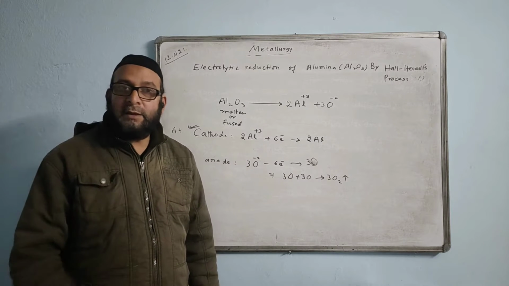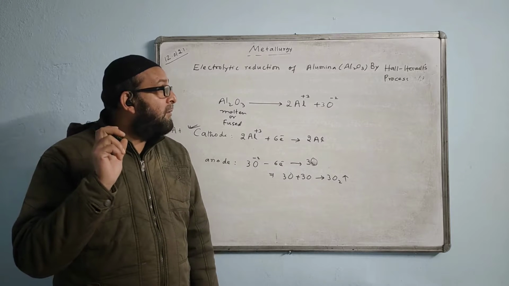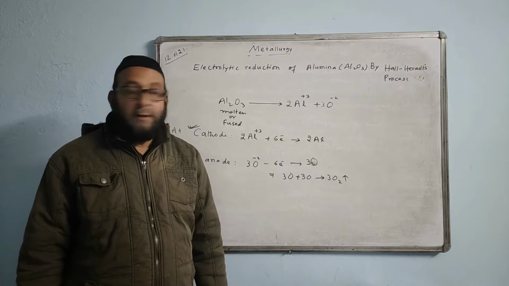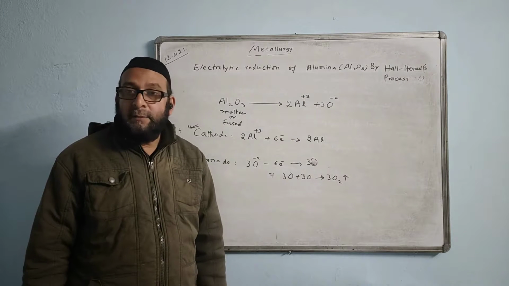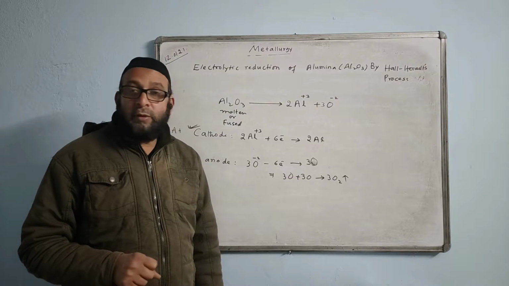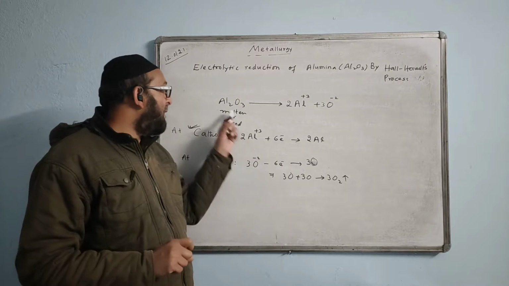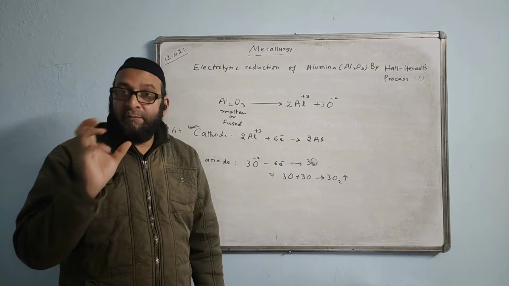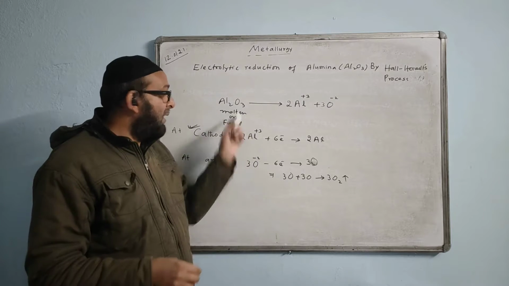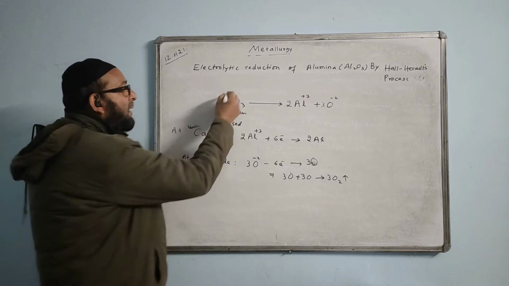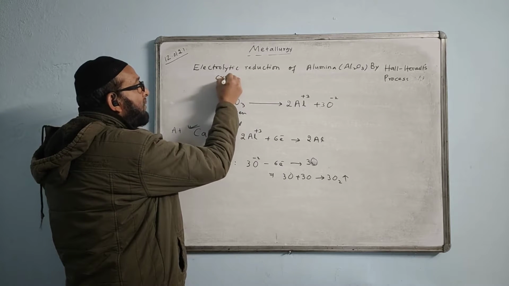What did they suggest, and according to their method, how was the electrolysis conducted? They suggested not to do the electrolysis of aluminium oxide alone. Do it in the form of a mixture. You have to add something else with it and then do the electrolysis. They said that you have to add cryolite.